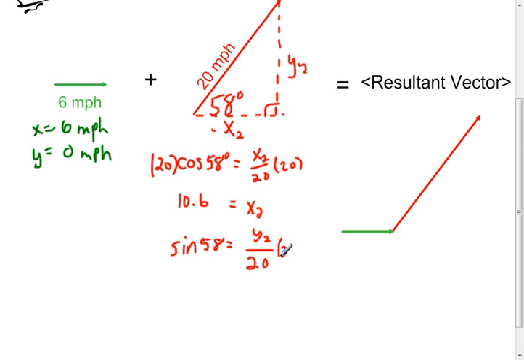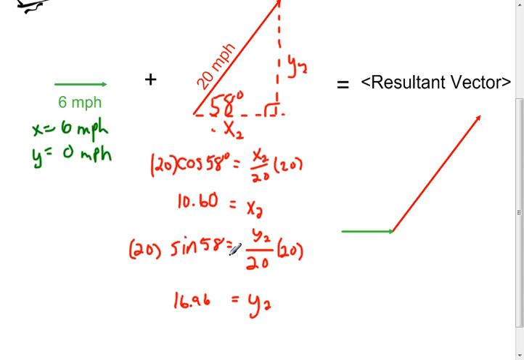Same idea, now we multiply by 20 on both sides. We do 20 times sine of 58, and what does that give us? It gives us 16.96. All right, so y2 is 16.96. And to be consistent, this was 10.60.